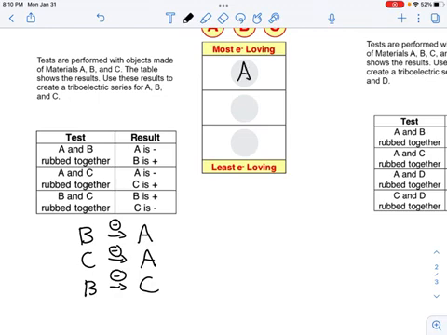So I think A is up top because it wants the most electrons, because it's most electron-loving. It's taking all the electrons off of those. Now, C gives up electrons to A, B gives up electrons to A, but then B gives up electrons to C. So this is the way I would organize it. All right, B gives up electrons to both A and C, but C takes electrons from B and gives them to A. So it's somewhere in the middle.